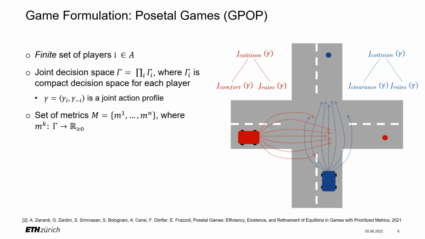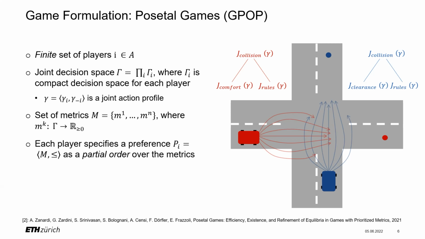of each player. And we have a set of metrics, which can be, for example, collision costs, fuel costs, or the tier 1 cost for the challenge, and so on. And each player specifies a preference as a partial order over the set of the metrics. Here you can see 2 examples of this.